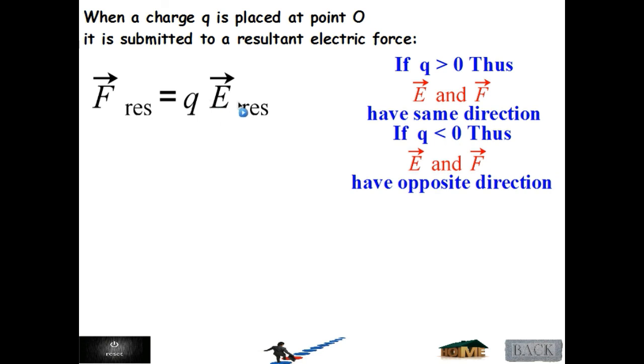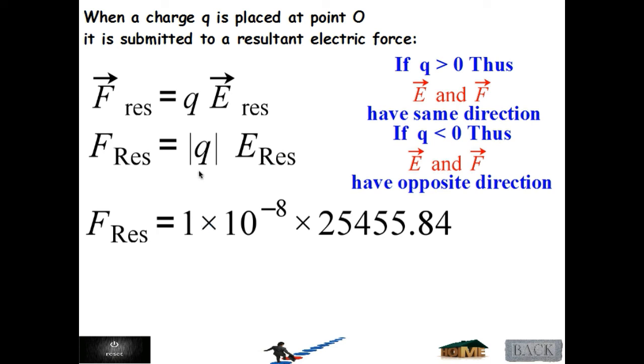Now we will calculate the magnitude of the resultant electric force, which is equal to the absolute value of Q times the resultant electric field. We can plug in the numbers. Q is 1 times 10 to the power minus 8, of course Q is minus 1, but as an absolute value it becomes 1 times 10 to the power minus 8, times 25,455.84.